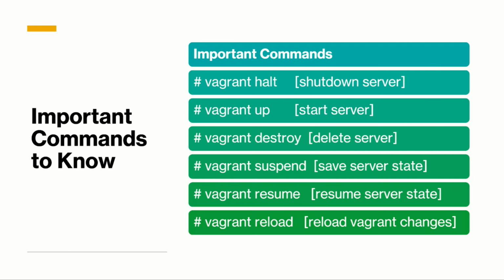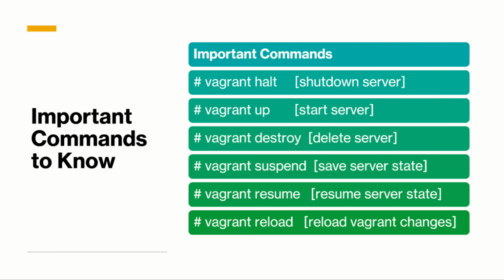Now we have some important commands when you are working with Vagrant and managing your VMs using Vagrant. There are certain commands that should normally be known to you. Vagrant halt, if you want to shut down your system; vagrant up to start your system or the server; then vagrant destroy if you want to destroy that system.